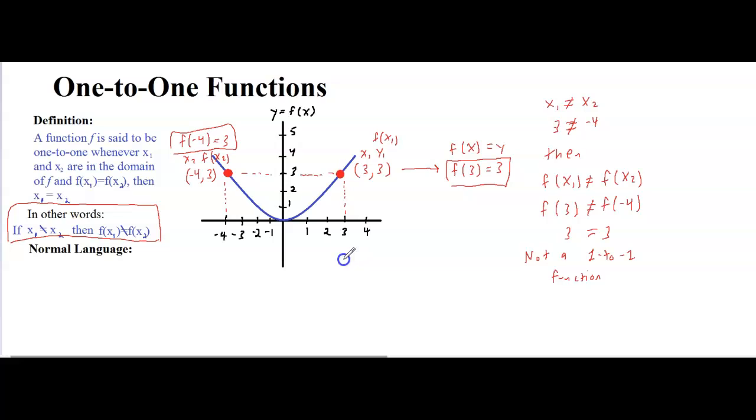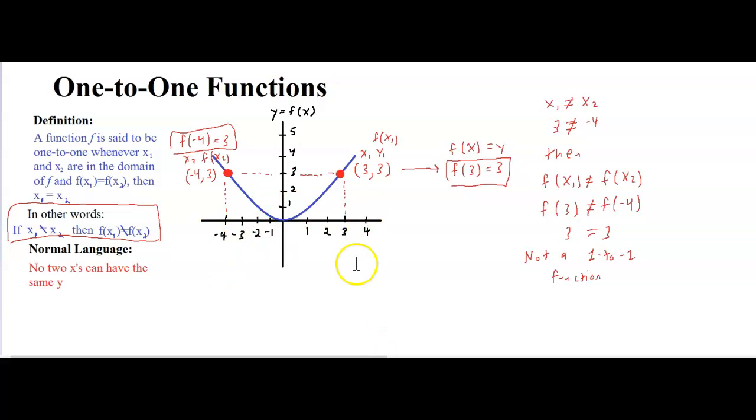So now let's unpack and see what that actually means in normal language. All it means is that no two x's can have the same y. So here we had two different x's, x1 and x2, but they both had the same y of 3. That's all that a one-to-one function is saying, is that no two x's can have the same y.